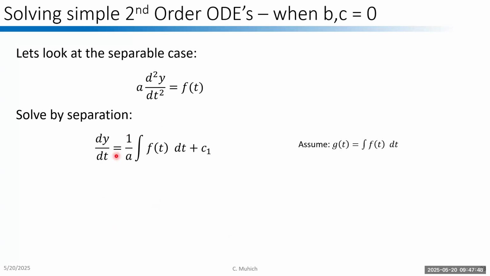Okay, so here's that equation that we came up with. Let's just, for now, for this example, assume that g of t is equal to the integral of f of t. This is going to allow me to solve for this piece. So my final first derivative of y with respect to t is 1 over a g of t plus c1.